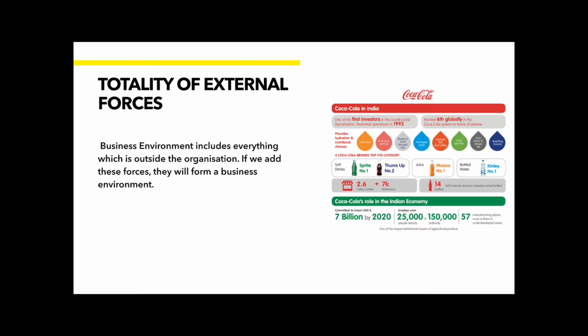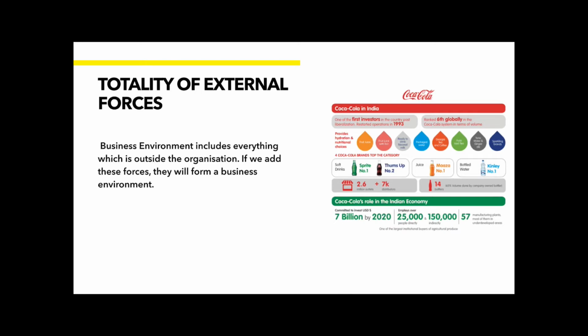Let's look into this example. We are very familiar with the company called Coca-Cola. This company came into India in the early 1990s. When this company stepped into the Indian market, it was a great opportunity for Coca-Cola, but it was a very big threat for all other domestic manufacturers who were making similar cool drinks.